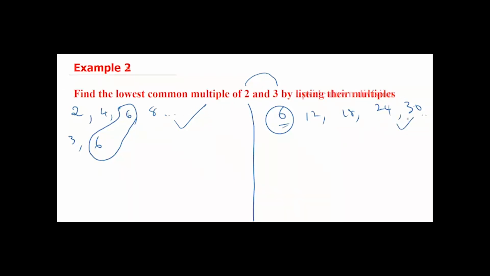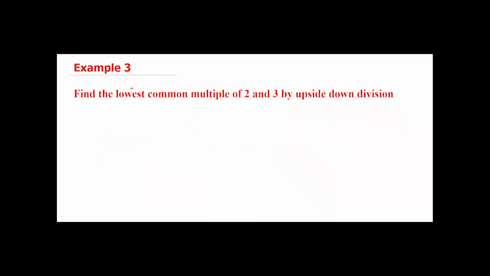can use this method. This is example 3, and if you look carefully, this is the same question we solved on the previous page, example 2, but in this case we want to use upside down division. Here you write out the two numbers, then you divide. You find a number that can go into 2 or 3.